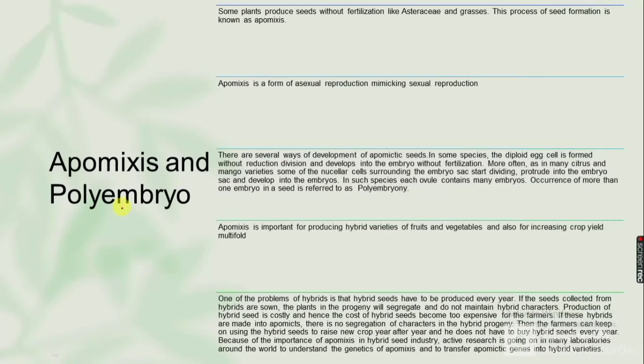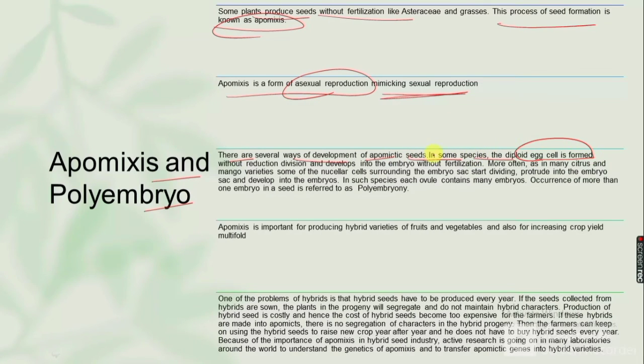Other modes of reproduction. Apomixis and polyembryo. Some plants produce seeds without fertilization. The process by which plants produce seeds without fertilization is known as apomixis. It is a form of asexual reproduction that sometimes mimics sexual reproduction. There are several ways of development of apomictic seeds.